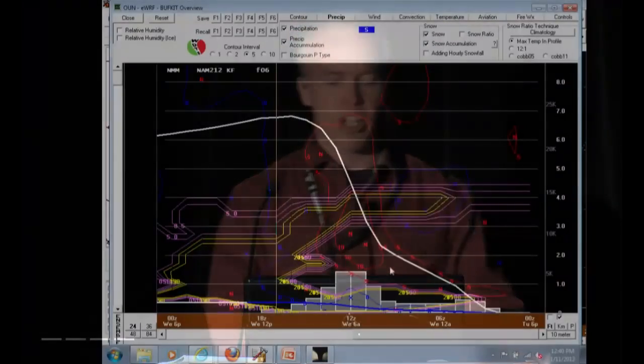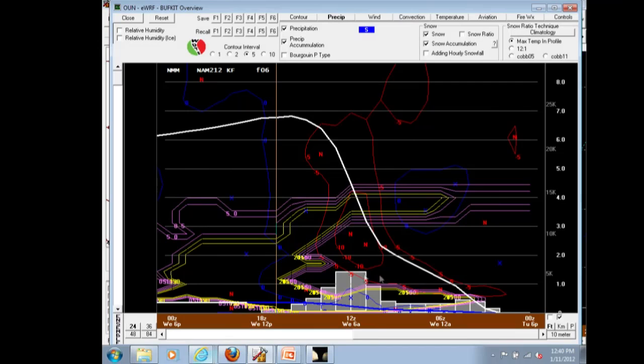So anyway, let me turn off the RH. You can see this is the deep ascent with the high RH, and I'm going to just turn that off. Concentrate on the relative location of the omega to that of the snow growth, okay? That factors into snow ratio forecasting for one kind of scheme. There are other schemes available.